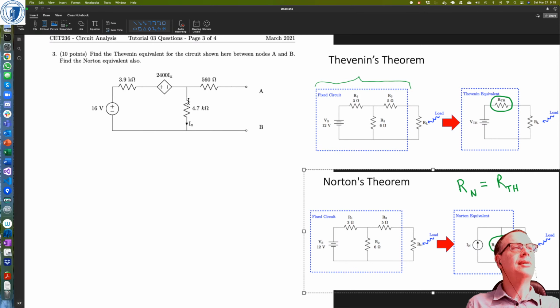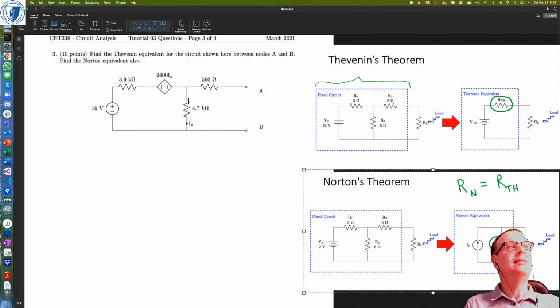So that leaves either the open circuit voltage short circuit current approach or the applied voltage approach. And either of those will work. The issue though is both of them only give you the Thevenin resistance.